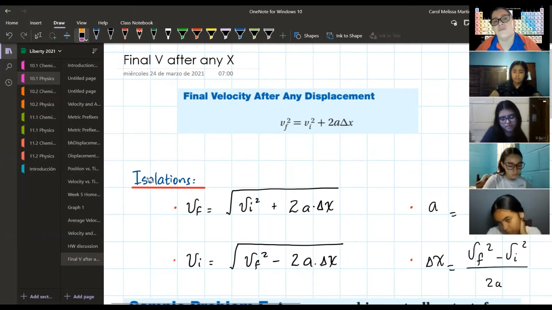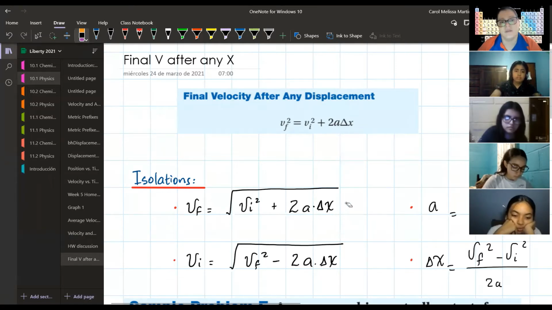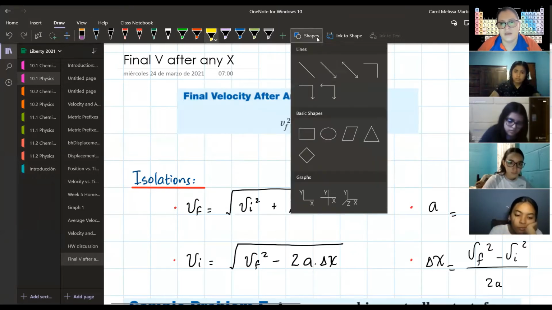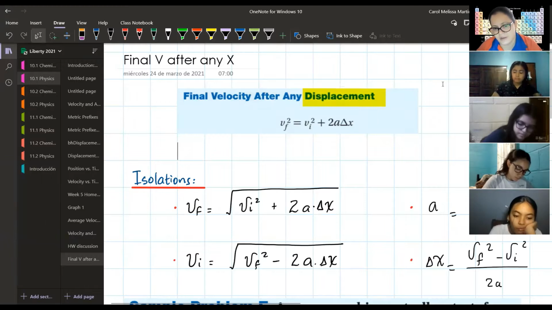So what are you going to need for this kind of word problem? You're going to need the initial velocity, acceleration and, of course, displacement. Because as you can see, this equation is basically related to displacement. Okay, so displacement must be a given.